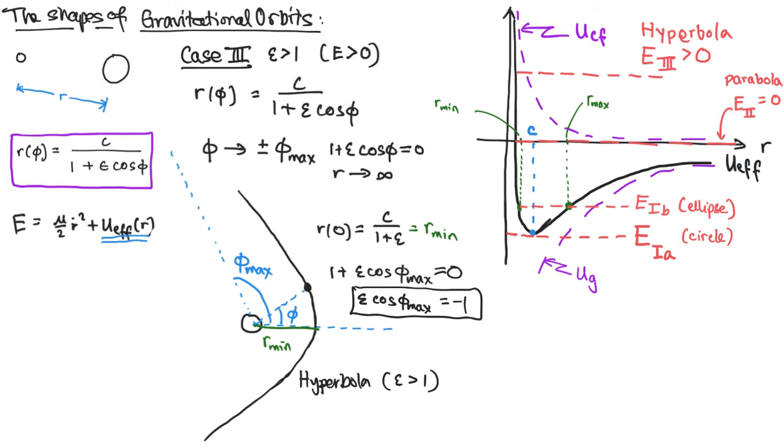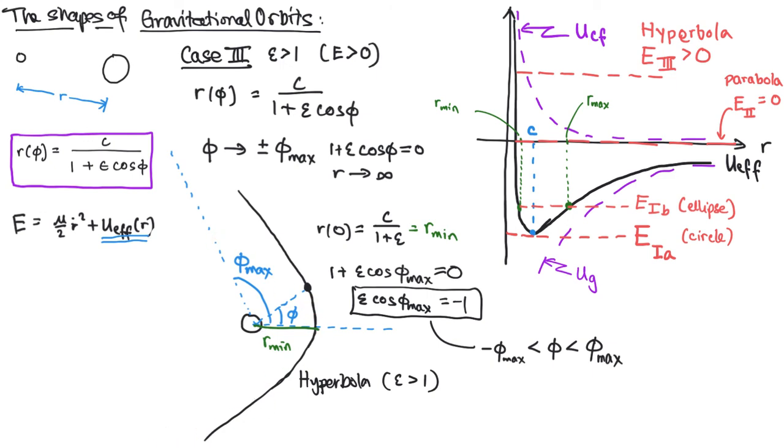You could continue to solve for phi max directly, but it doesn't give you much information beyond that. So what do we learn? The angle phi is restricted to live between minus and plus phi max, so you can never get the particle over here in this direction. The particle is going to be restricted to be in this regime from here to here.